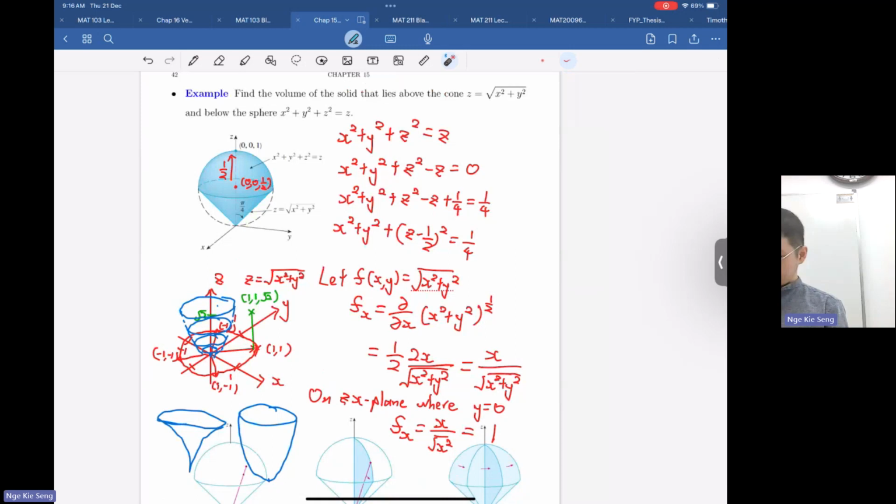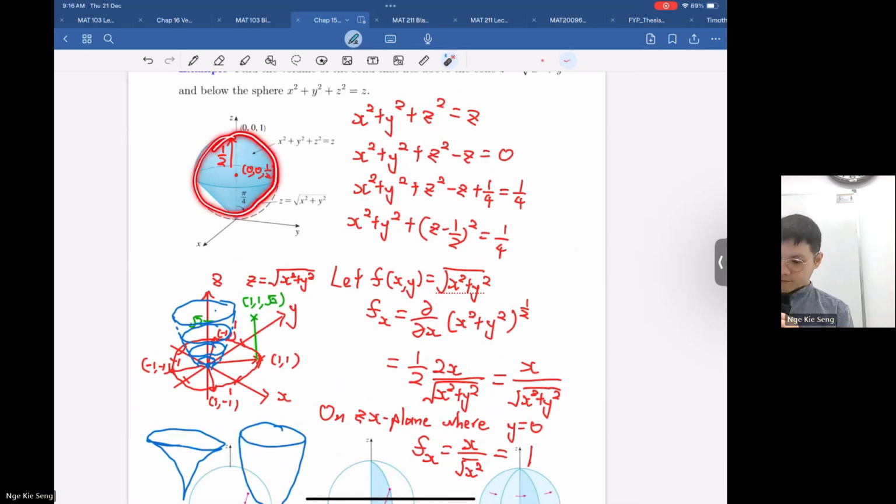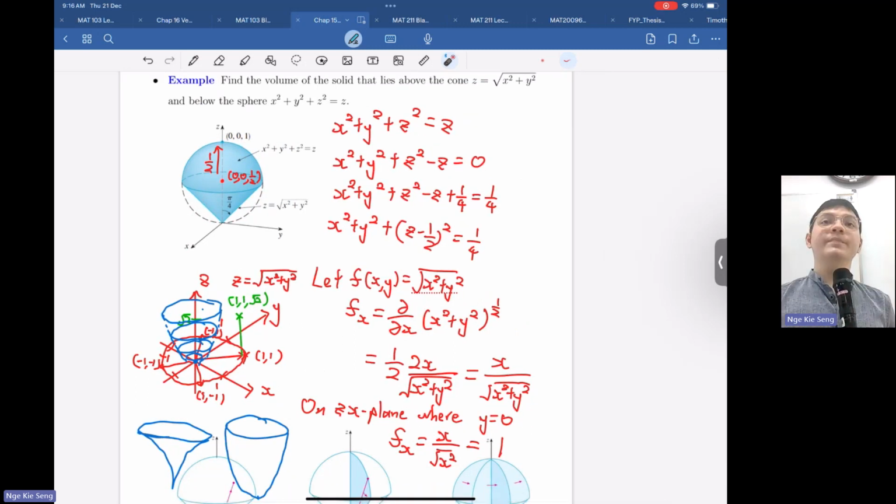We want to find the volume, the volume bounded by this intersection here. How to find volume? There are 2 ways: you can use a double integral, or you can use a triple integral.